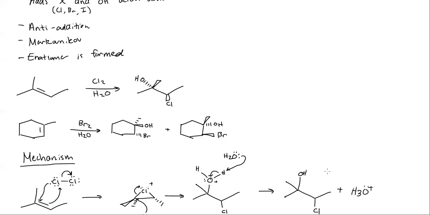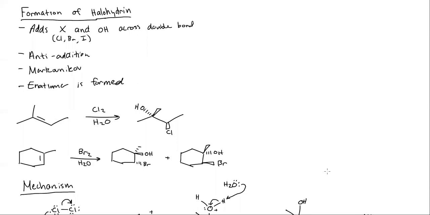The last thing that I want to mention is another separate example here. So instead of using water, we can use something else. So we can use alcohols instead. So let's do that second example, still with Br2, except I'm going to use an alcohol. So CH3OH. So now, instead of adding an alcohol, I add an ether. So I just add OCH3.